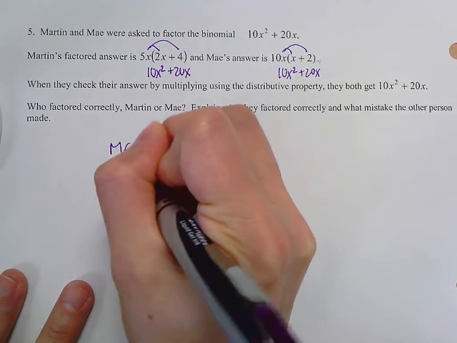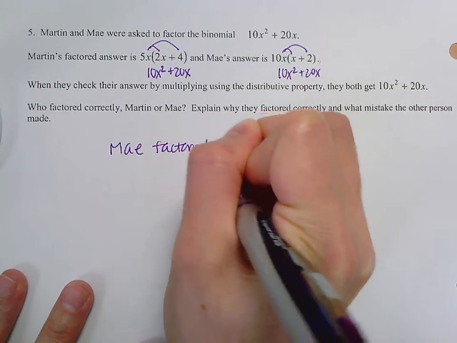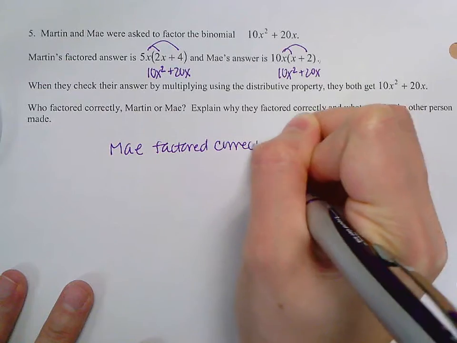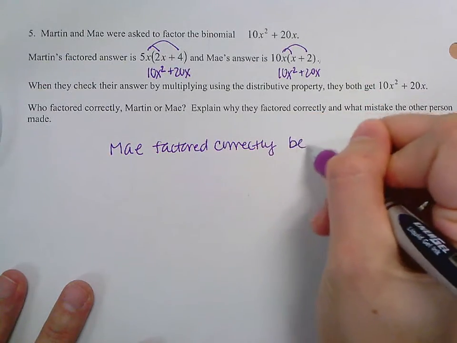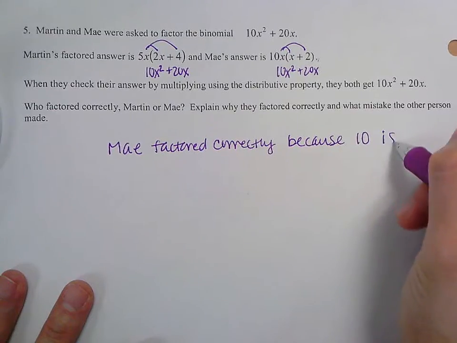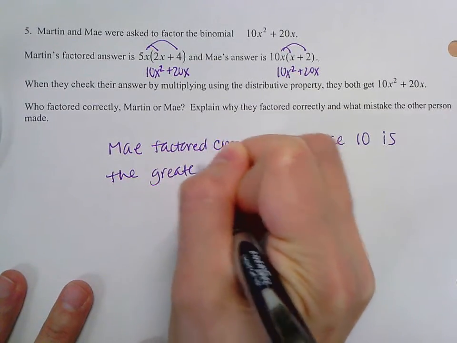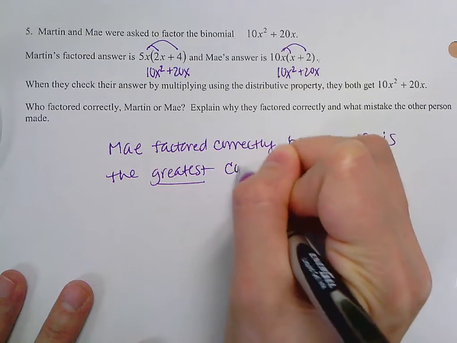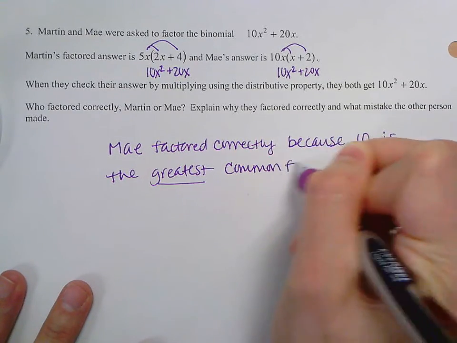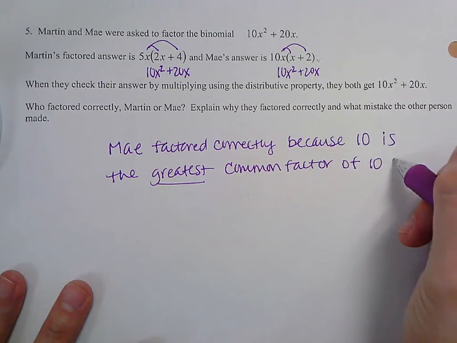So we could say here May factored correctly because 10 is the, put an emphasis on greatest common factor of 10 and 20.